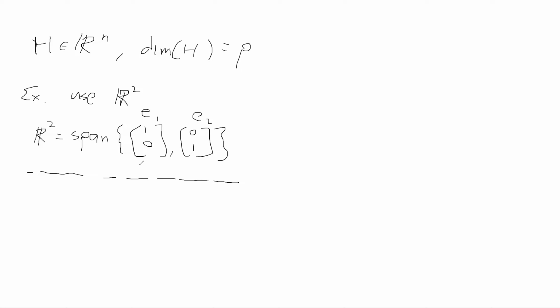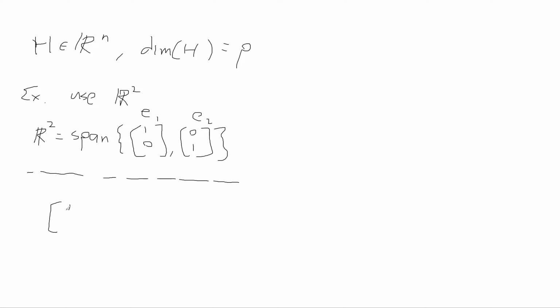That's the first one, right? Any linearly independent set of exactly two elements is automatically a basis for H. In this case, our H is R2. All right, let's look at the second part. Any set of p elements of H that spans H is automatically a basis for H. Now, let's come up with some other two vectors.